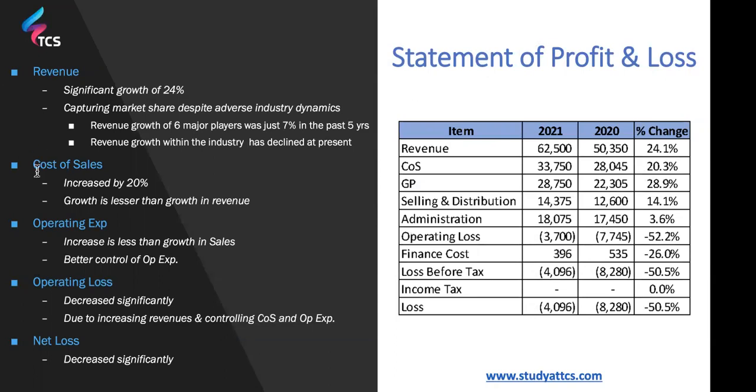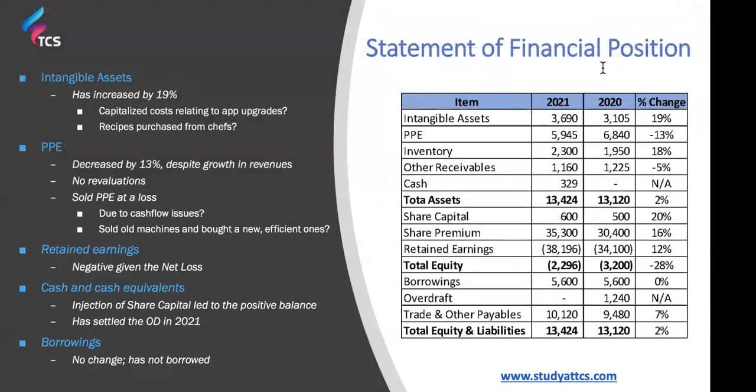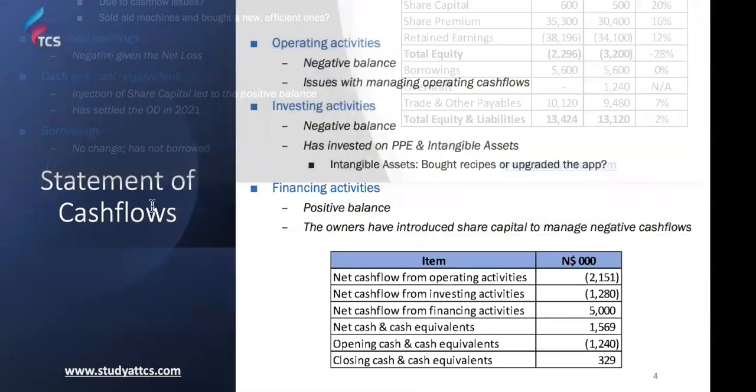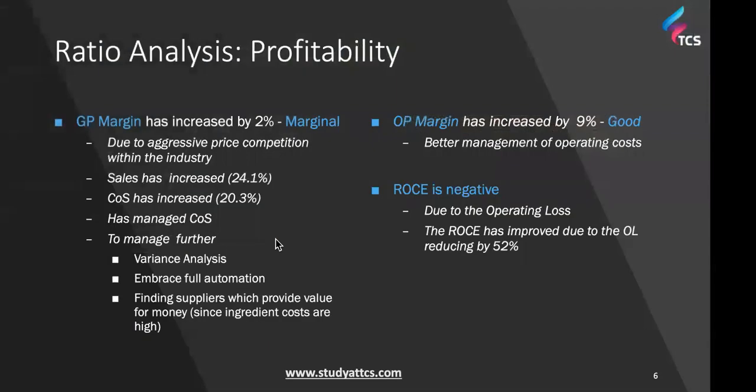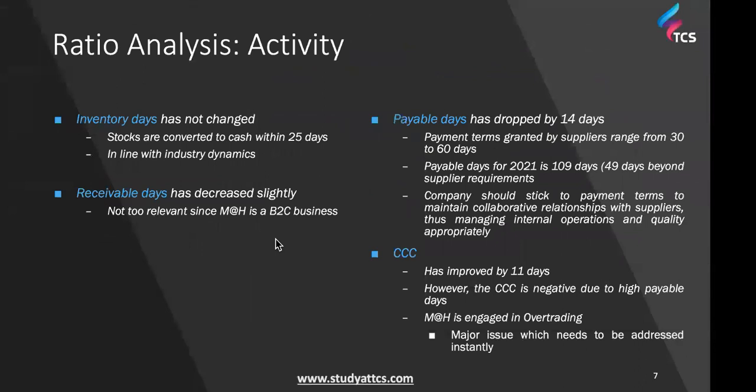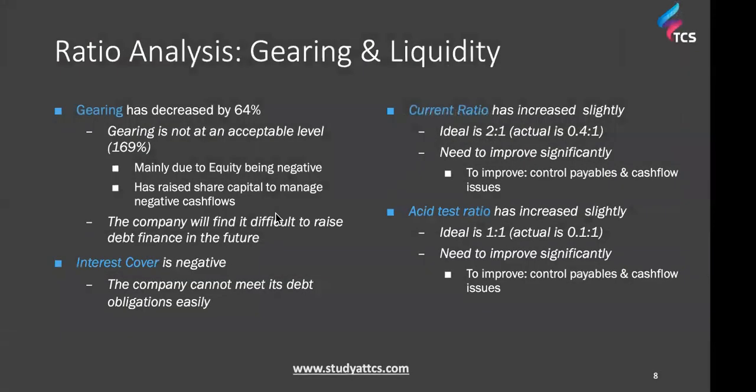So that's exactly what you can see here. The SOPL has been evaluated, the statement of financial position has been evaluated, and we have come up with a set of annotations, and the statement of cash flows has been evaluated. And at the very end, a ratio analysis has been conducted, and all these ratios, profitability, activity, gearing, liquidity, have been evaluated in a precise and concise manner.